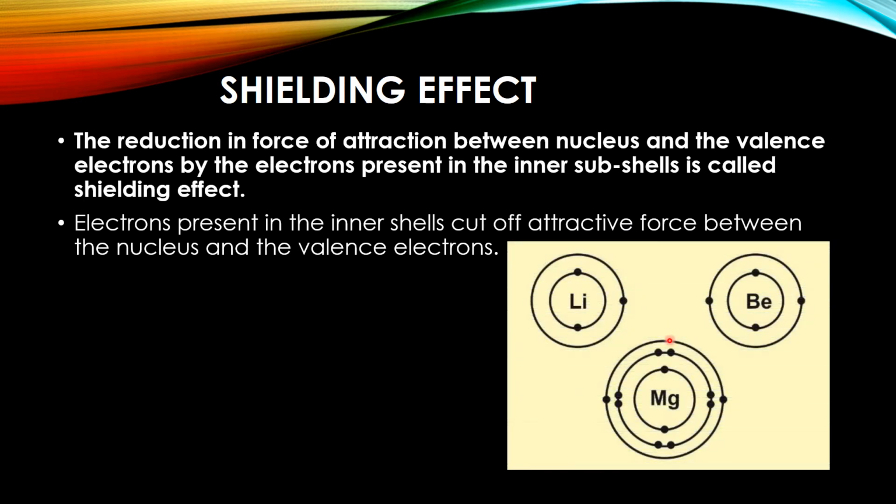Here you can see the structure of lithium, beryllium and magnesium. You can see that lithium has 3 electrons, consisting of 2 shells. In the case of beryllium, 4 electrons are present, again in 2 shells.